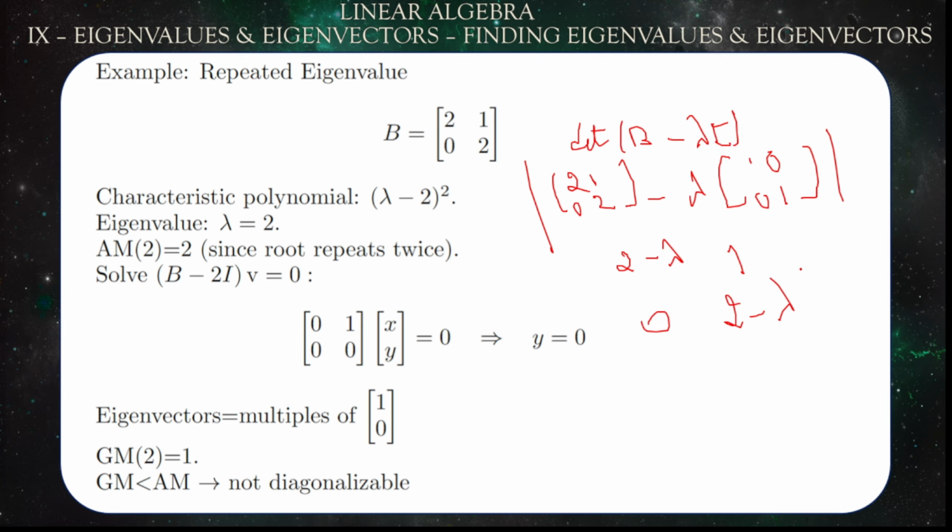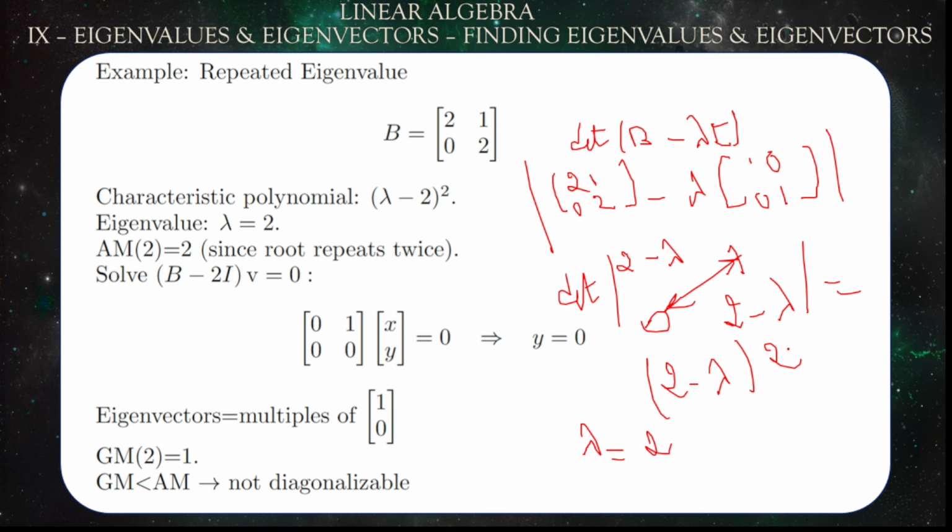Let us find the determinant for B minus lambda I, which is the following. It is equal to (2 minus lambda) squared, and this one is annihilated when you multiply the second diagonal. So (2 minus lambda) squared, in other words, the root is lambda equal 2.